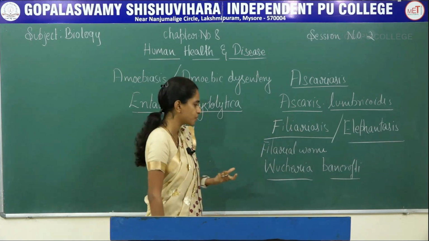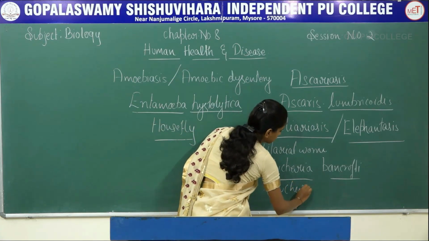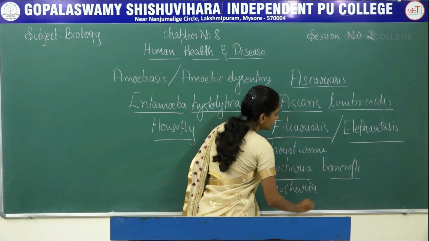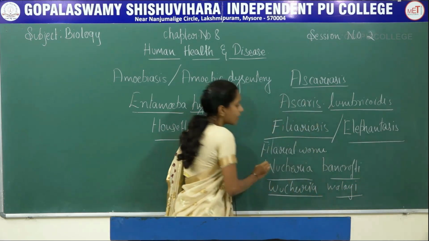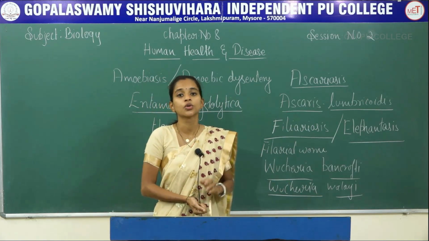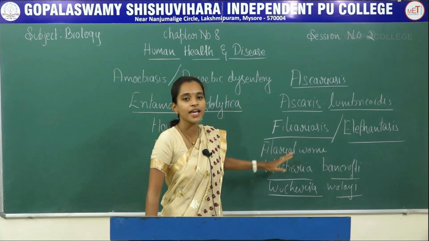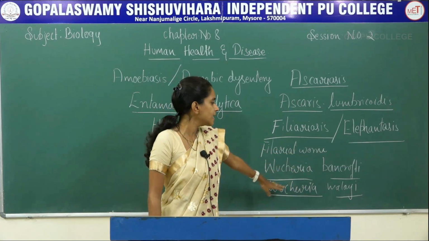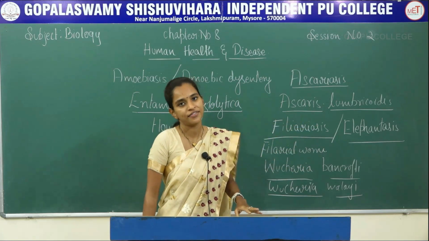There is one more species that is called Brugia malayi. So two different species of helminthic worms, Wuchereria bancrofti and Brugia malayi, are the two organisms which lead to filariasis and elephantiasis.